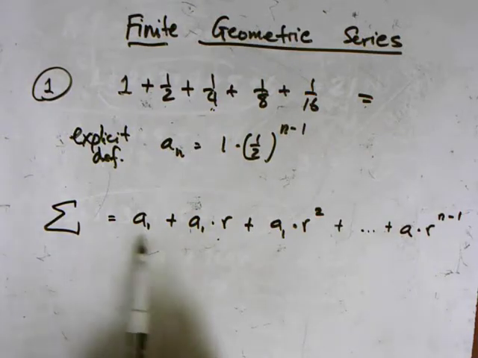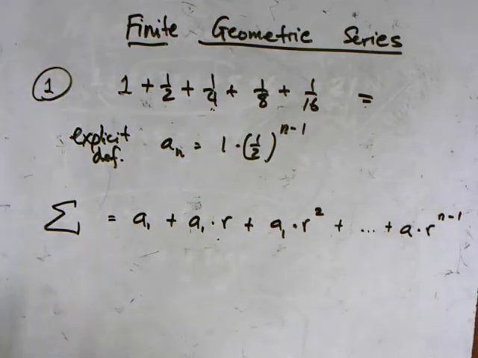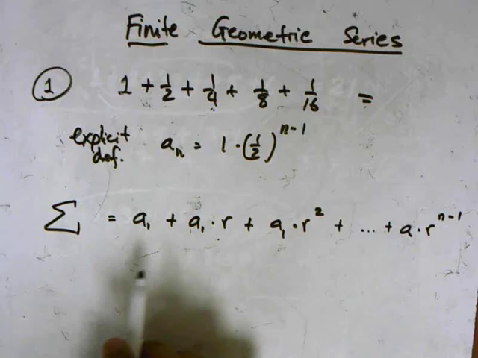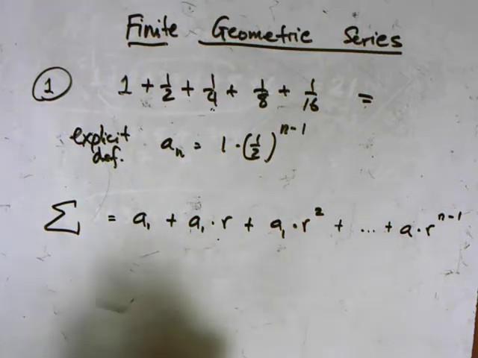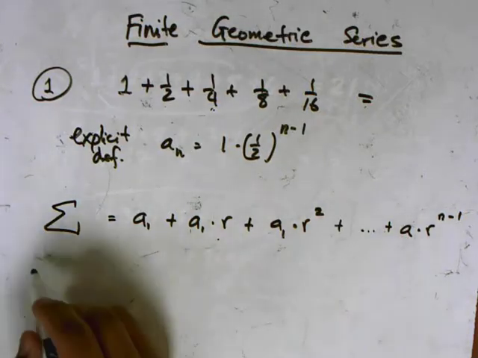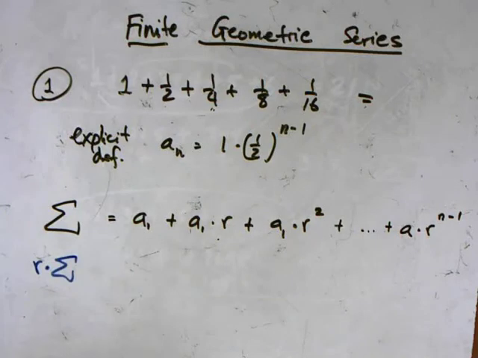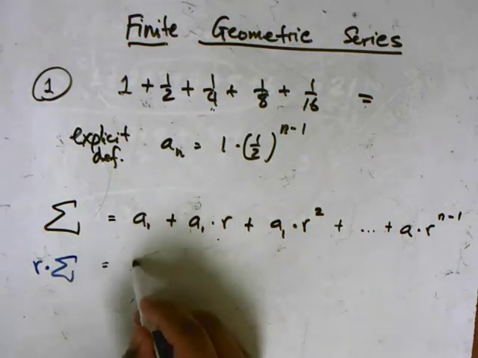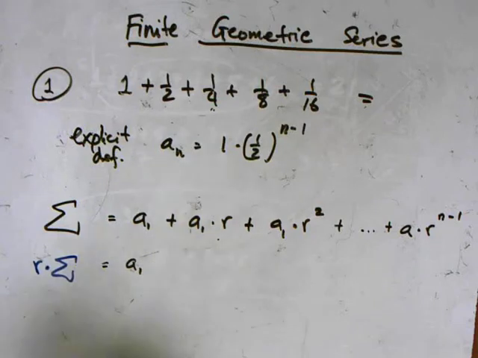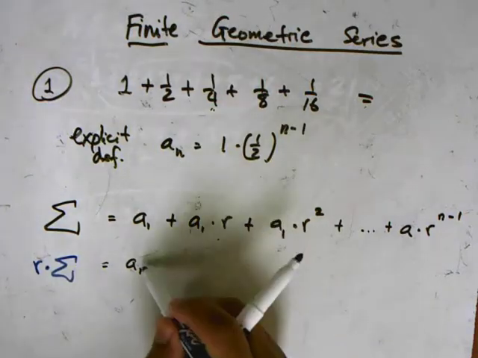I want to see if I can find a formula for doing all of this quickly. To make this work, I have to do a little bit of a trick. I'm going to create a new series by multiplying all of these by r. So I'm going to call this r times sigma. All that's doing is taking all of these terms that I had before and multiplying each one of them by r.